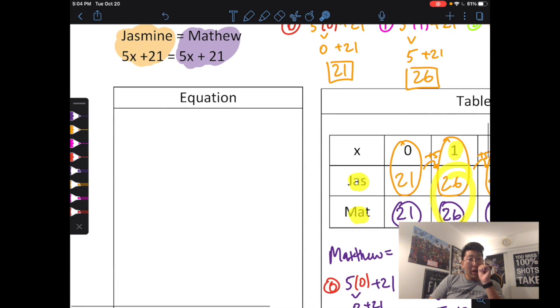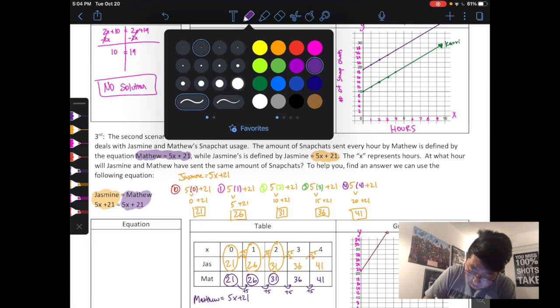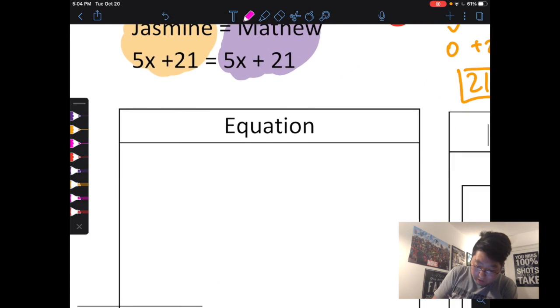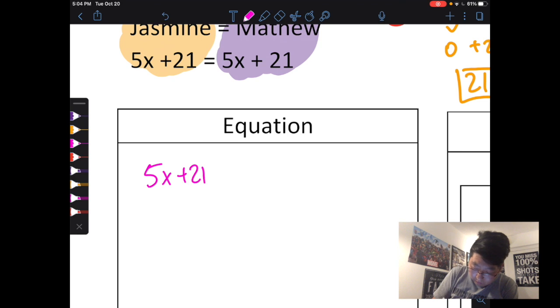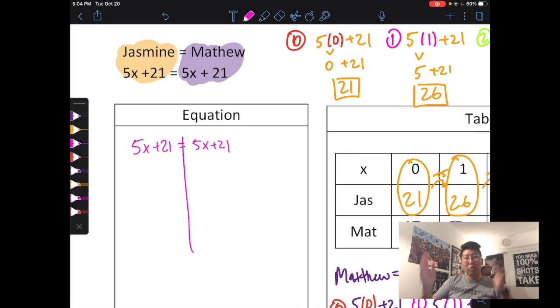So, how do we answer this, right? At what time will they have sent the same amount of Snapchats? Every hour, right? Every hour. So to solve this, we'll go ahead and write it down. 5x plus 21 equals 5x plus 21. If I were to solve this, I'd distribute, combine our terms, get x on one side, units on the other.